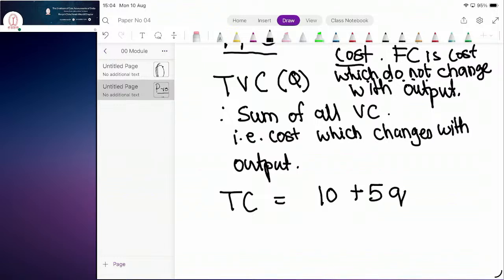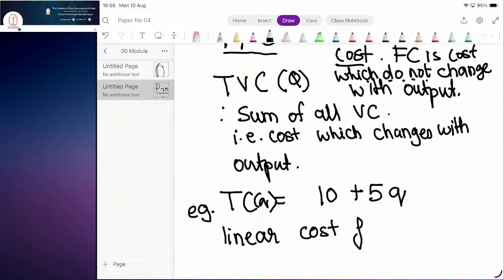Okay, TC, just write this is TC of Q. TC of Q is equal to 10 plus 5Q. This is an example of a linear cost function.